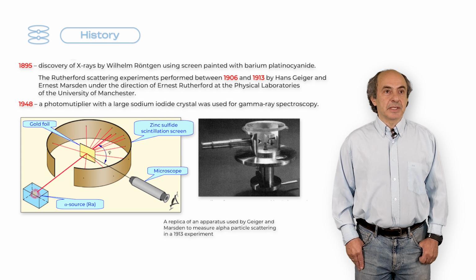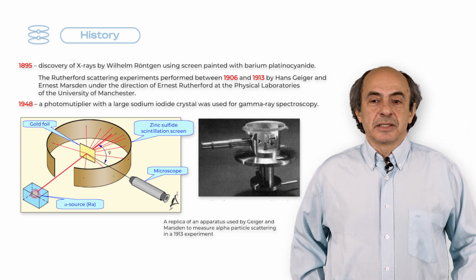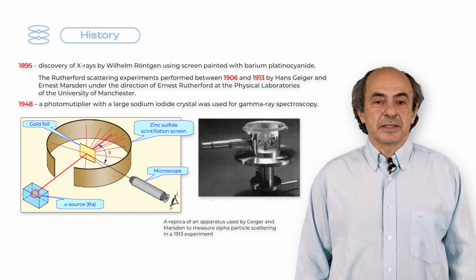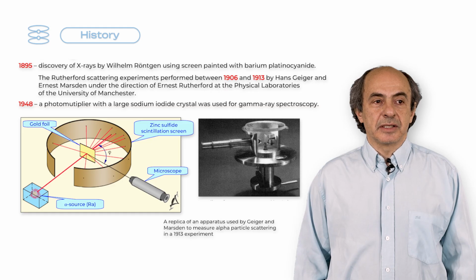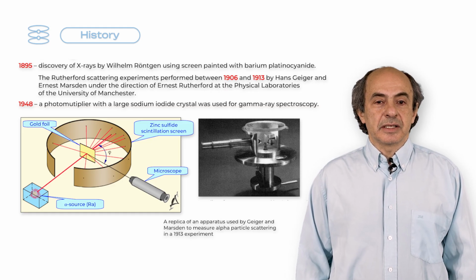Then there are the famous Rutherford experiments, when his workers Hans Geiger and Ernest Marsden worked on the scattering of alpha particles on various foils, and they used a screen of zinc sulfide, which is one of the classical inorganic scintillators.